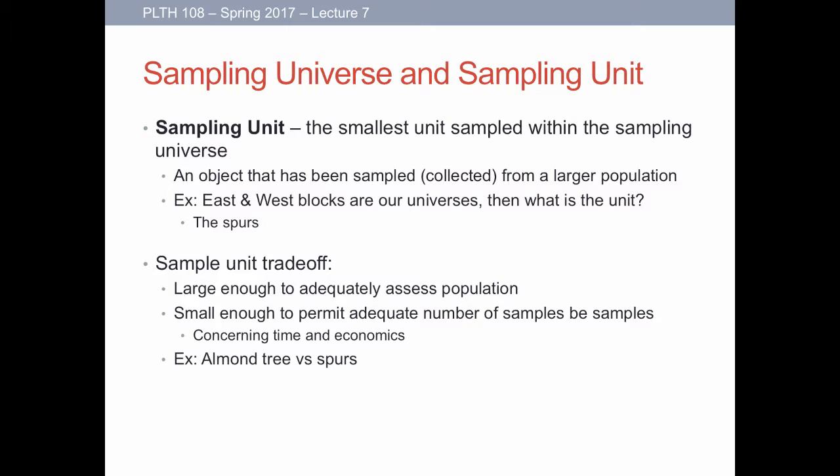So defining your sampling unit can be very important, in the sense that if you do a bad job defining your sampling unit, you may be sampling in such a way that you are missing pests or maybe collecting more pests than are actually there.